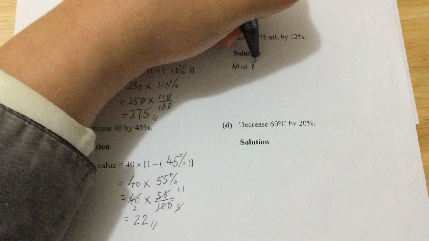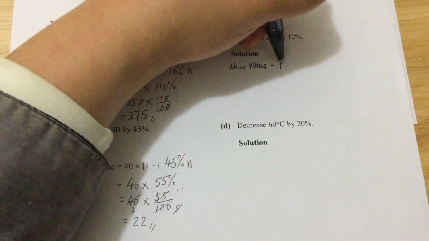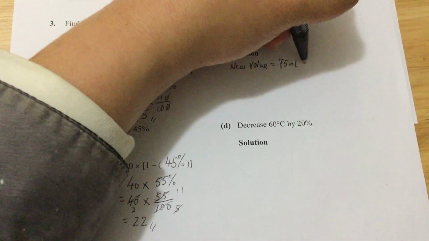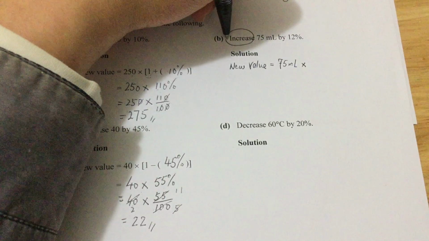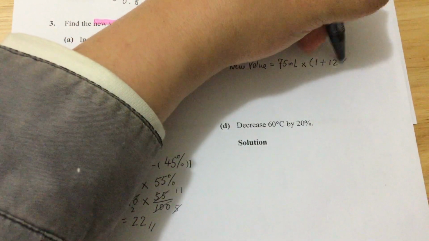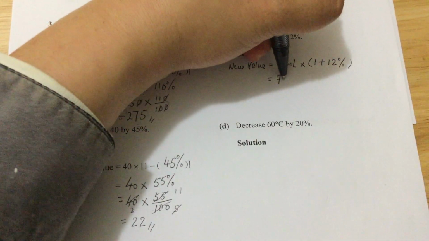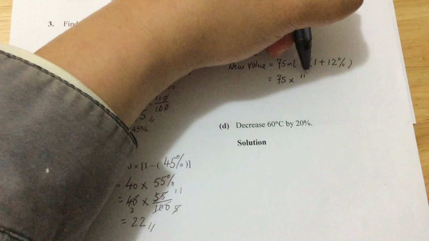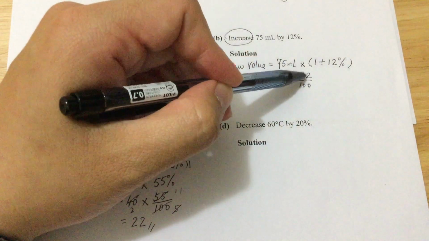New value this time is 75 milk. But this time we will times not just the 12% because this is increase. So 1 plus 12%. So you have 75 times 112 over 100. This is 112%.